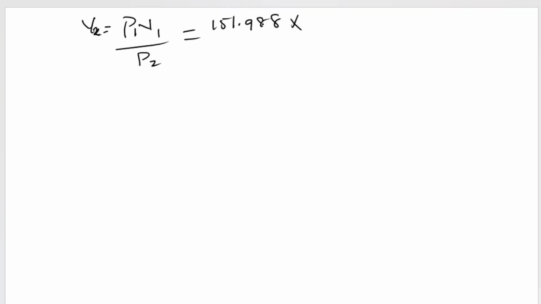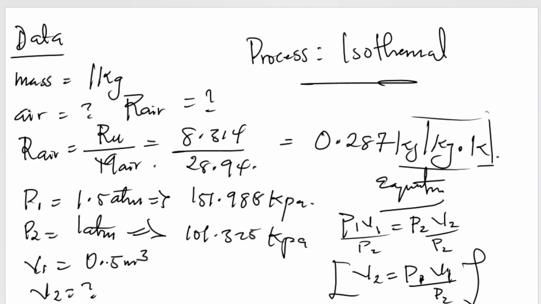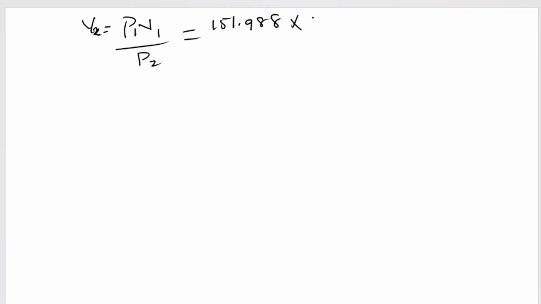151.988 multiplied by V1. What's V1? From our question, V1 is 0.5. So here we have 0.5 divided by P2.